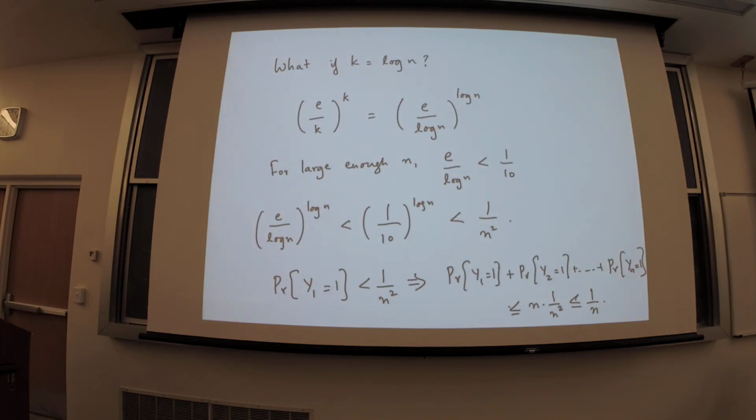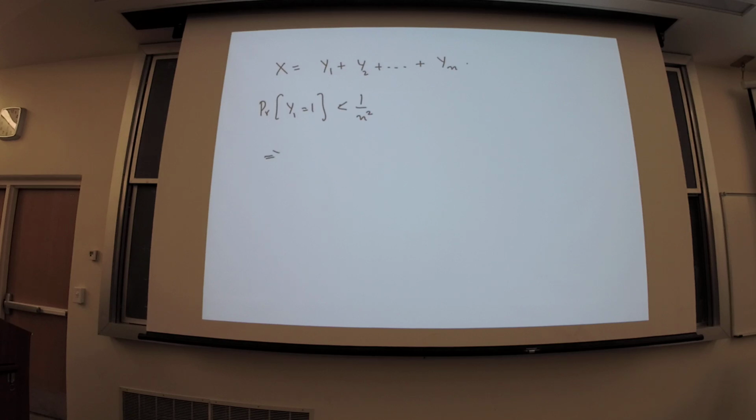Now, what Frost is asking is, why didn't we do exactly what we did a couple of days ago? So we know that x equals y1 plus ... plus yn, and we showed that the probability of y1 equals 1 is less than 1 by n squared.